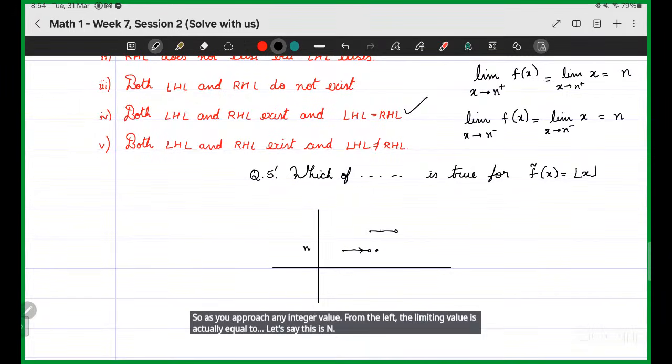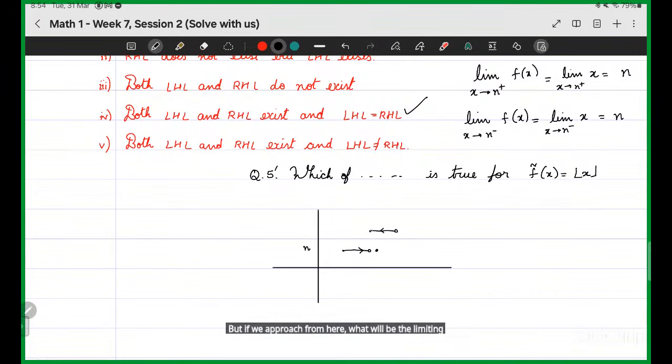But if I approach from the right, what will be the limiting value? It should be n plus 1. Yes, sir. LHL would be n, RHL would be n plus 1.